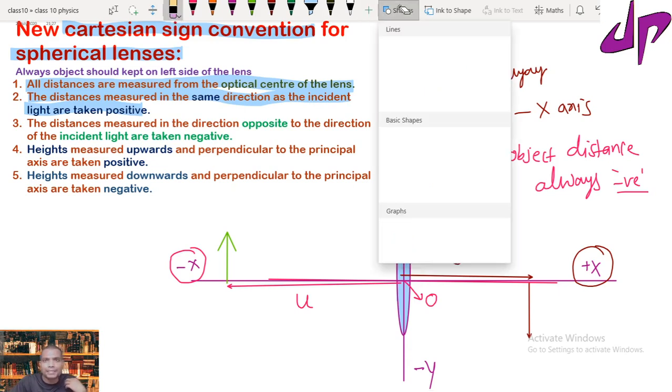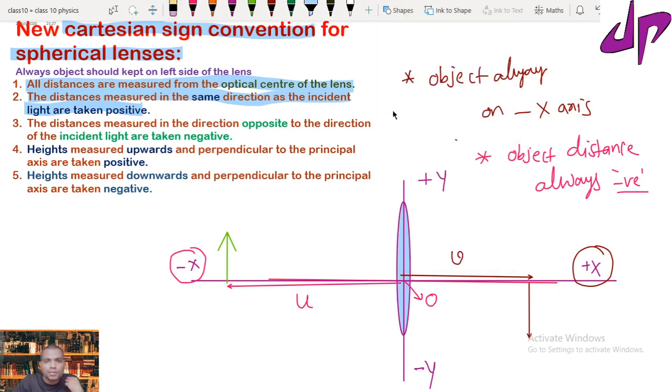What about height? Here you can see the height of the object. If I draw a line parallel from here to there, this is the height of the object, measured along the y-axis. So on the y-axis I can show the height from here to here.